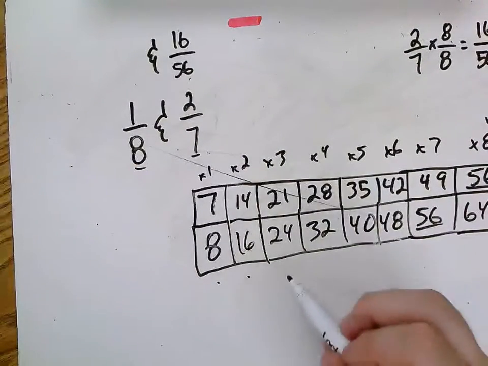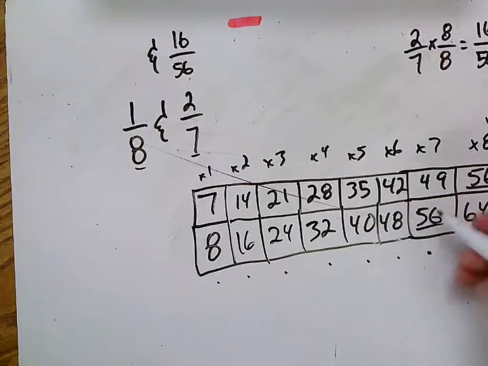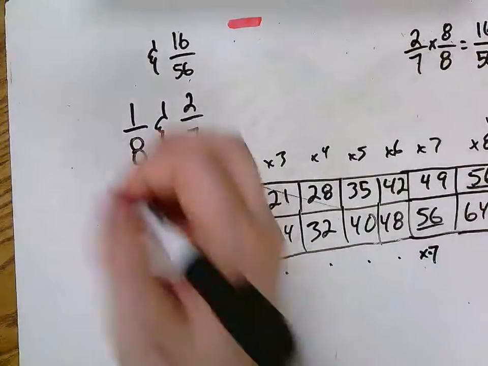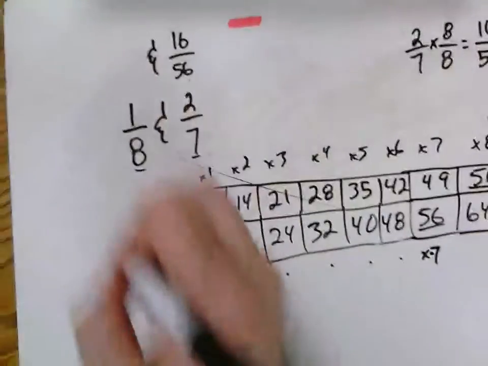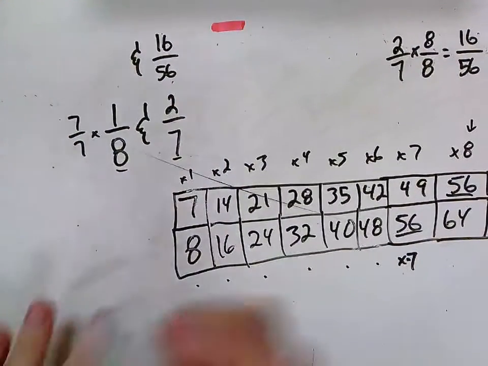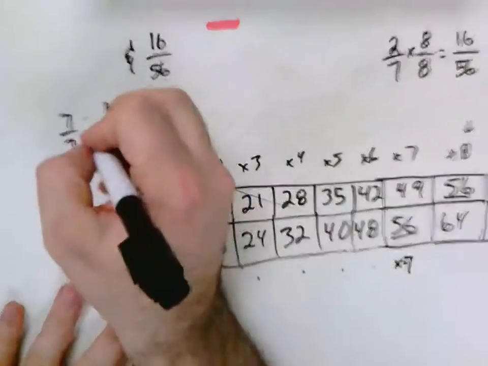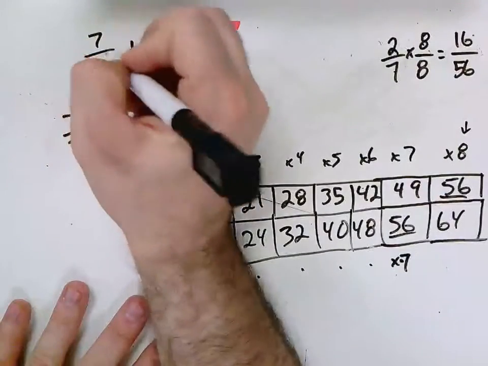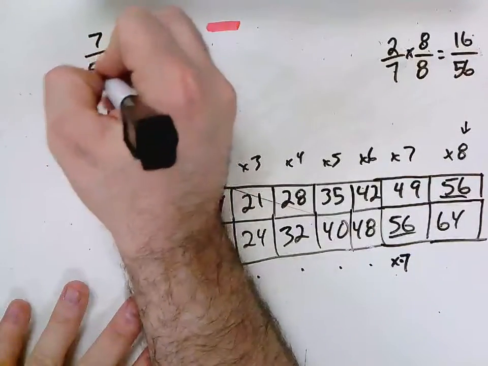This is the first, second, third, fourth, fifth, sixth, seventh multiple, so times 7 on this side. So 1/8 times 7 over 7 on this side, and I get 1 times 7, which is 7, and 8 times 7, which is 56.